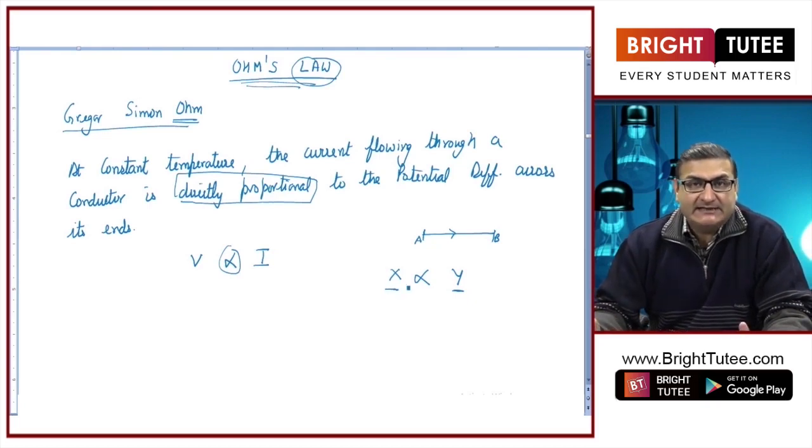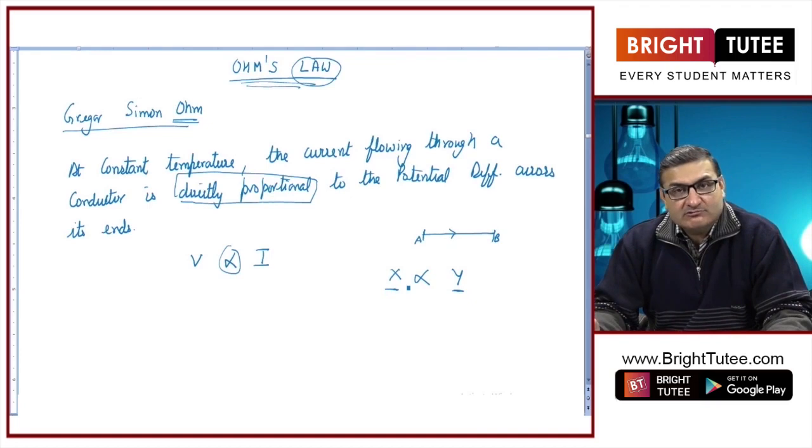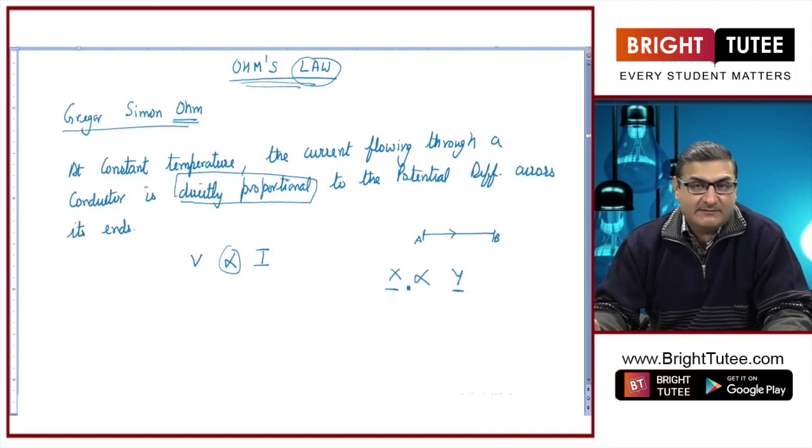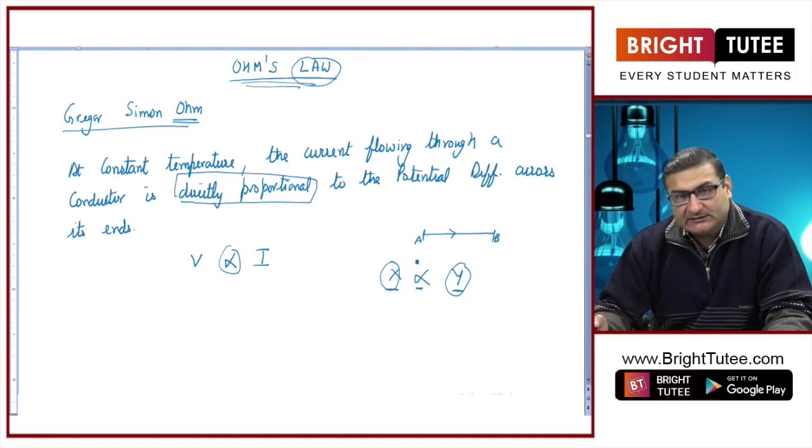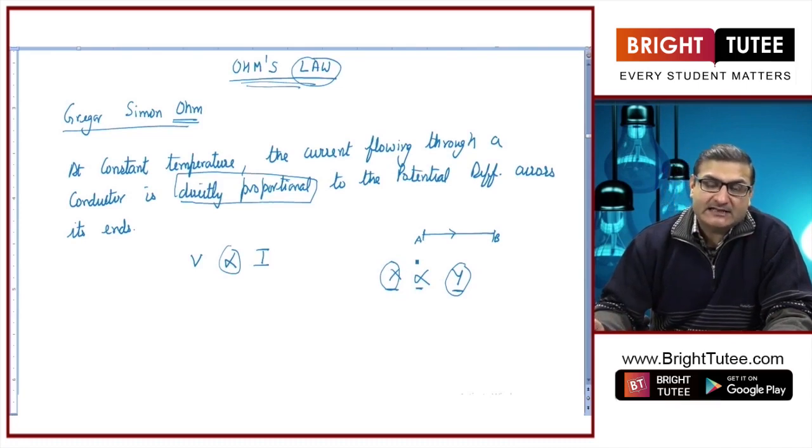If y is increasing, x will also increase with the same proportion. If y is decreasing, x will also decrease with the same proportion. So the impact of a change on one side of this sign will directly impact the other side also.